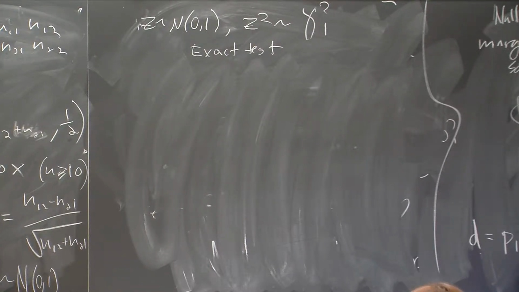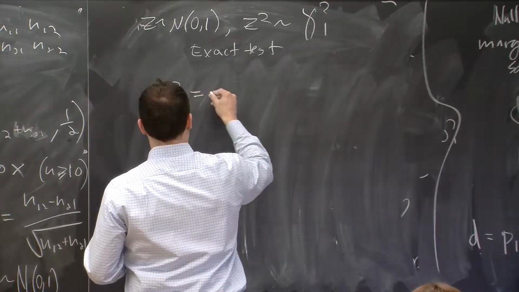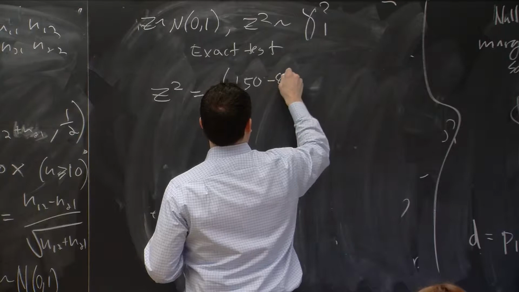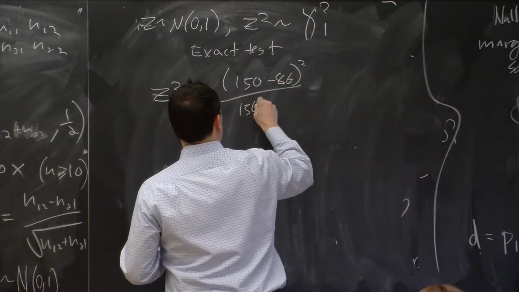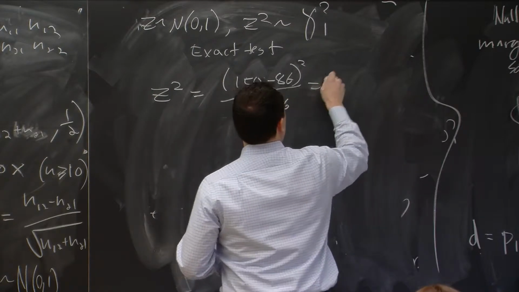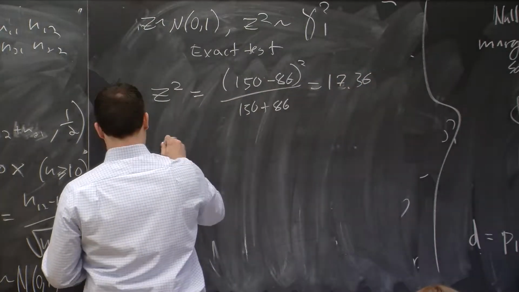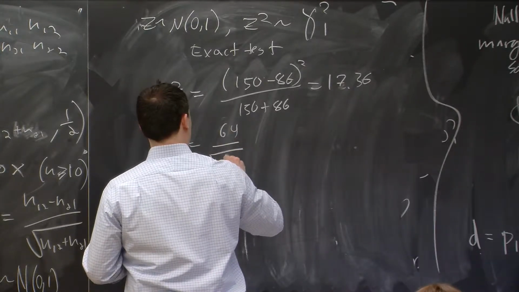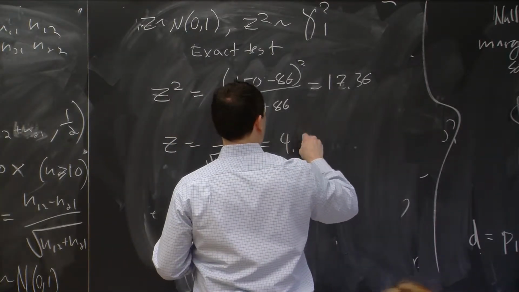So plugging in the numbers from our example, z squared, I just use the off-diagonal numbers, 150 minus 86 squared divided by 150 plus 86, is 17.36. And z would be 64 over the square root of 150 plus 86, which is about 4.16.